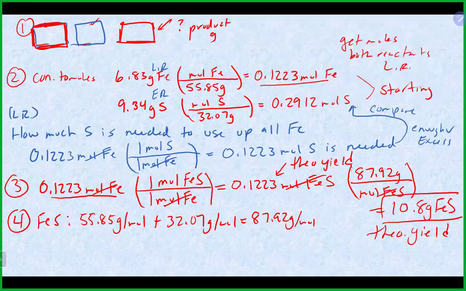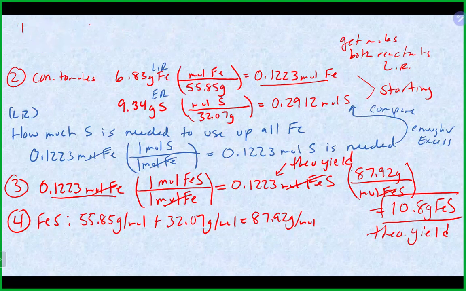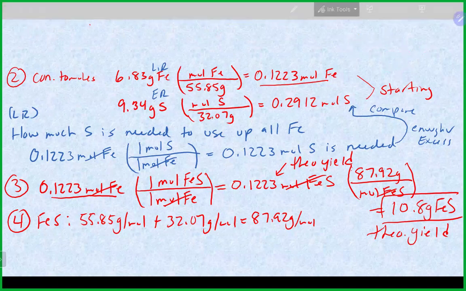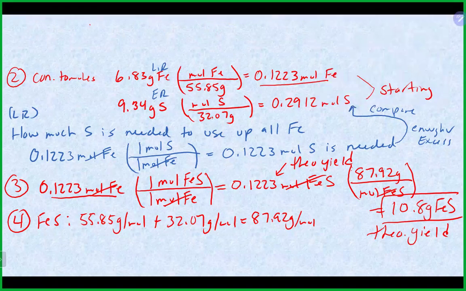Now, if we were interested in how much of our excess reagent is left over, we can do that by taking our limiting reagent calculation, and we happen to have chosen correctly here because this is our excess reagent.